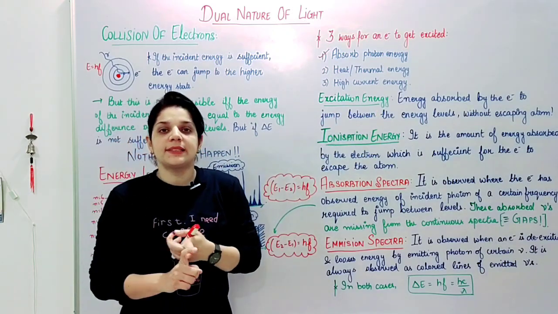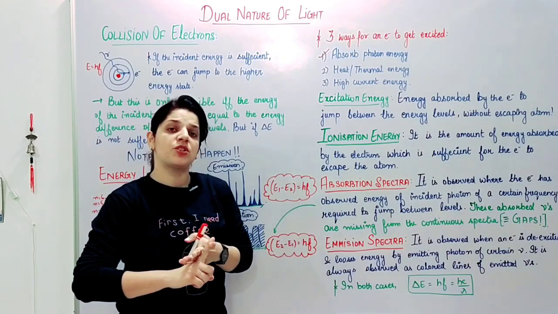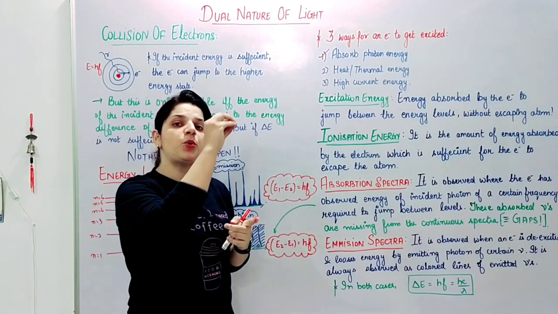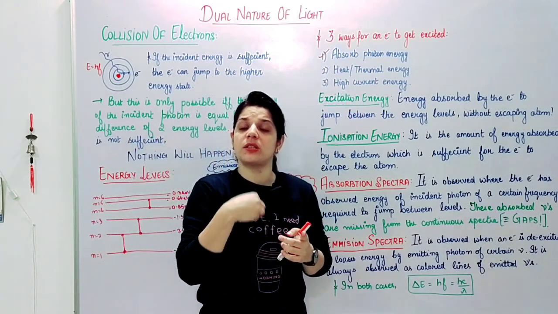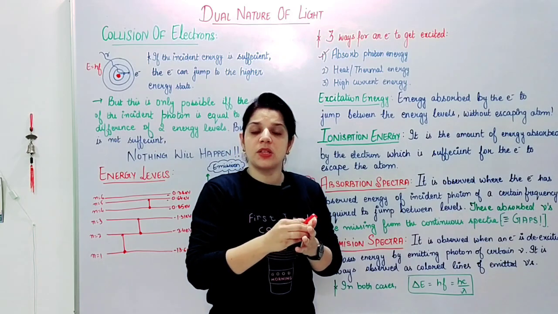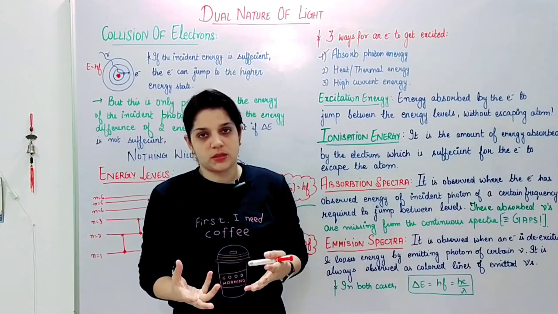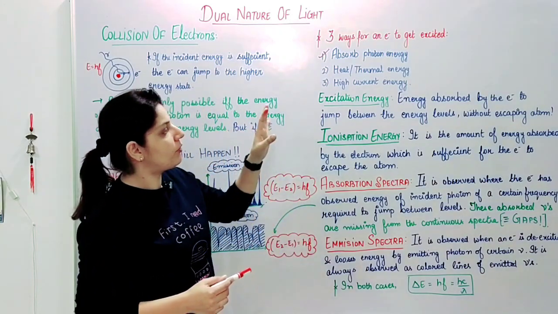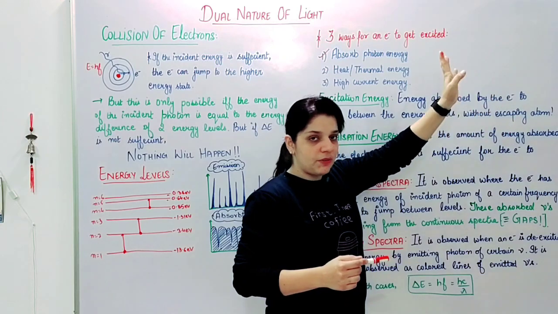Excitation means it will be the amount of energy related only to exciting the electron, and nothing else happens. We are just exciting it. We are just telling him, don't sit, just stand at your own place, right? So this is the amount of energy absorbed by the electron in any way.